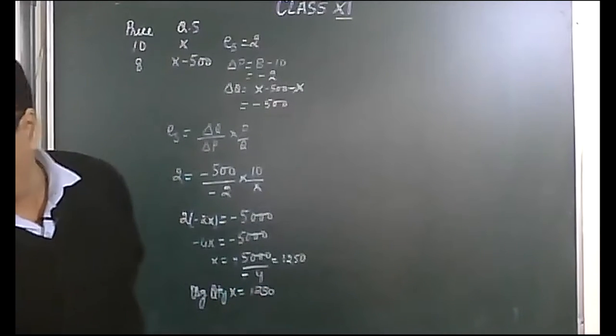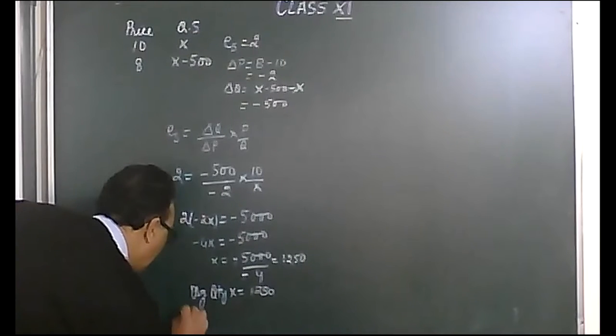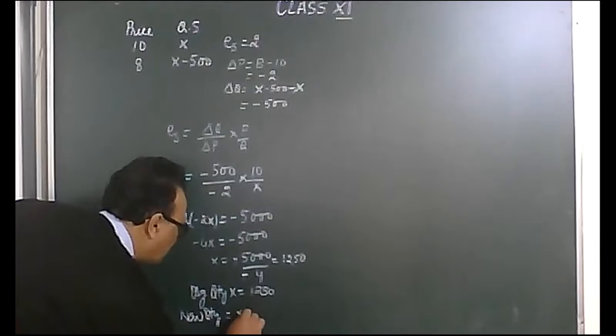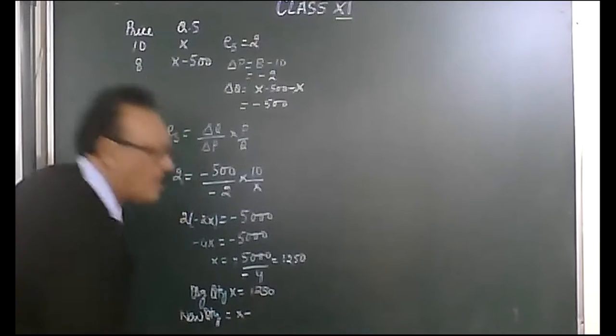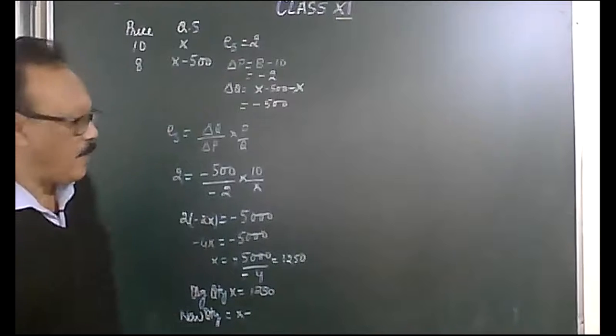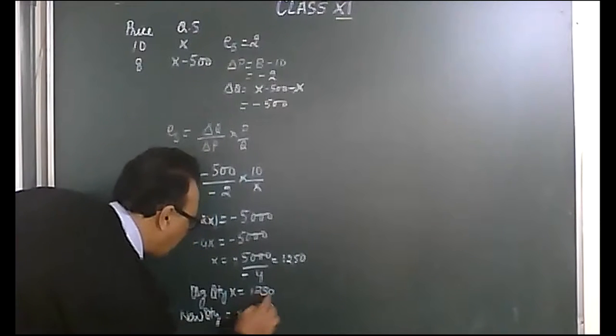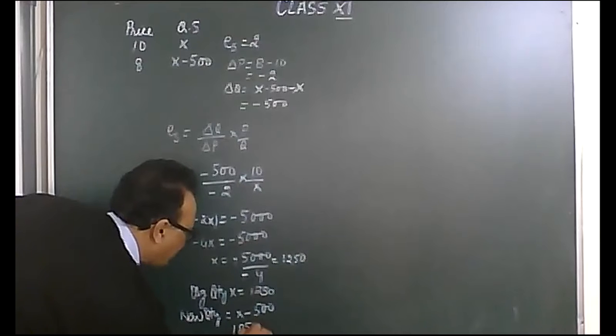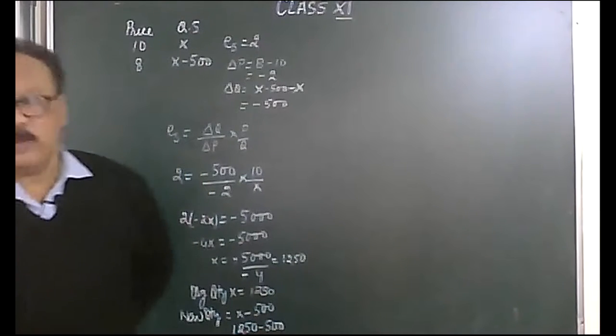Here the question says calculate the quantity supplied at the reduced rate. So the new quantity would be X minus 500. So X value is 1250 minus 500. How much will that be?